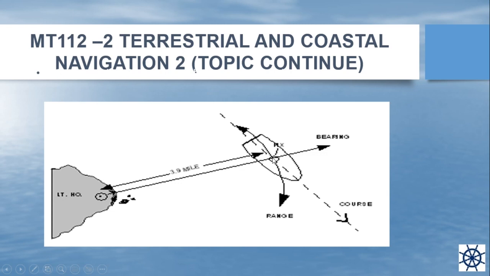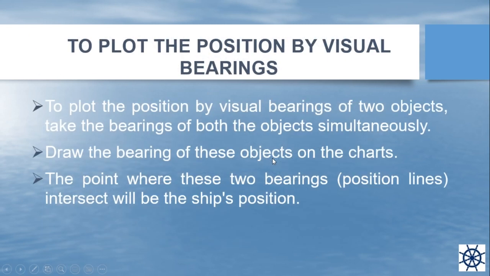Okay, so next, to plot the position by visual bearing of two objects, take the bearing of the objects simultaneously. Draw the bearing of these objects on the chart; the point where these two bearing position lines intersect will be the ship's position.